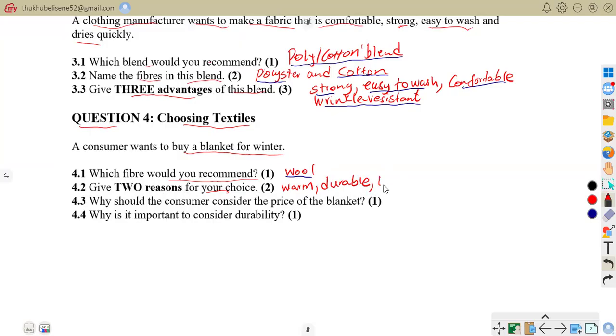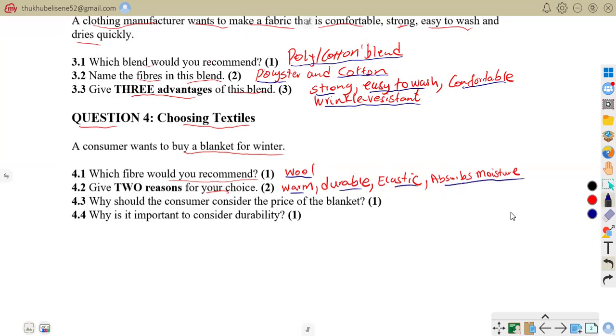And then it is elastic, so it can stretch and return to its original shape. Also, it absorbs moisture without immediately feeling wet. So those are the answers for 4.2.